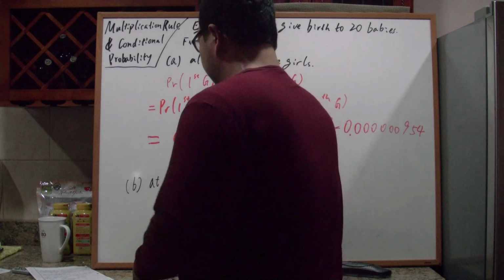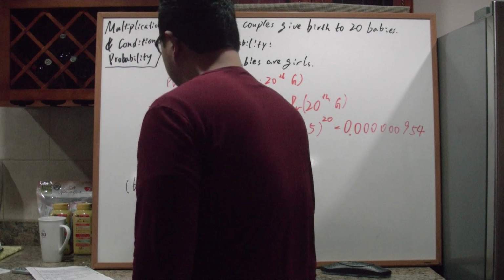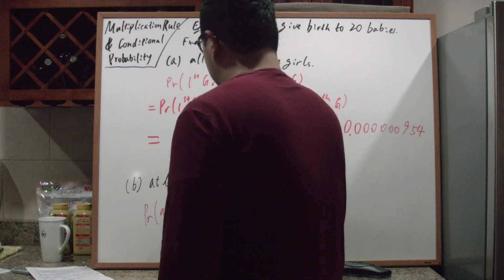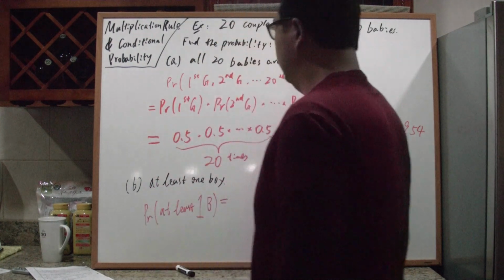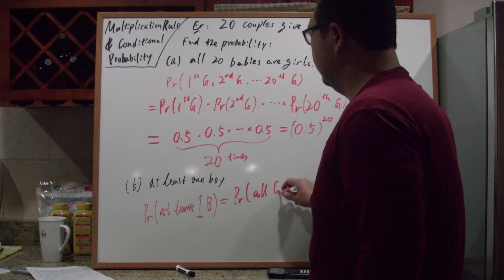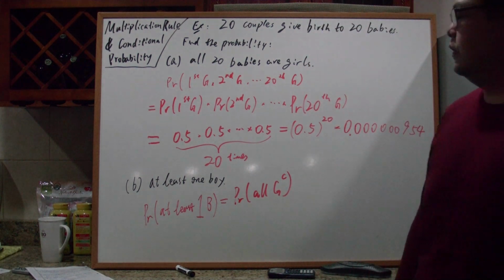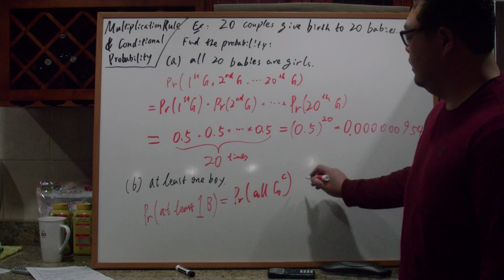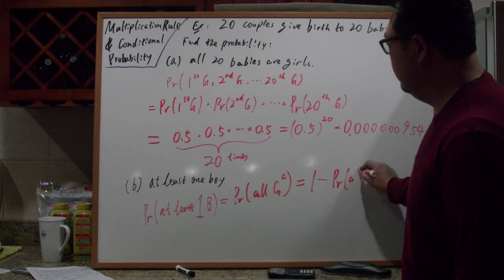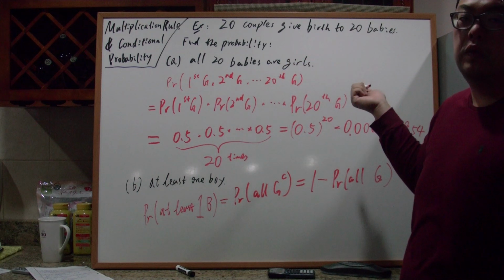So the probability of at least one boy is the complement of all 20 girls. How we find the complement is 1 minus the probability of all 20 being girls, which is what we found in the first part.